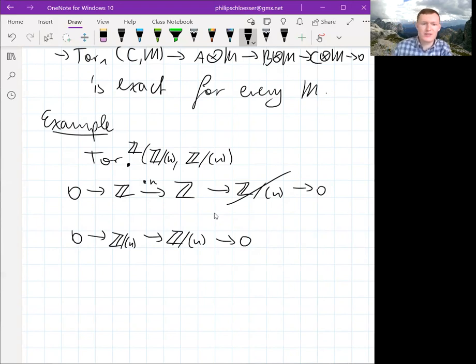And now the question is, what is this map here? The thing is, this map is multiplication with n. So if we go to the quotient, this is the 0 map. What does that tell us? Well, this is a chain complex.